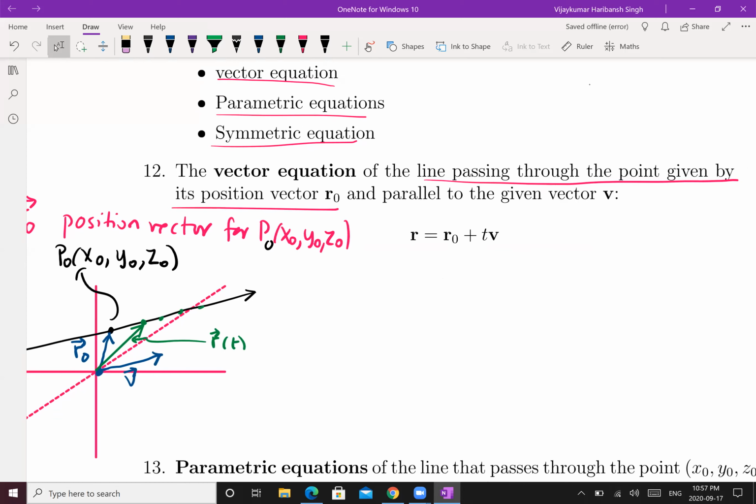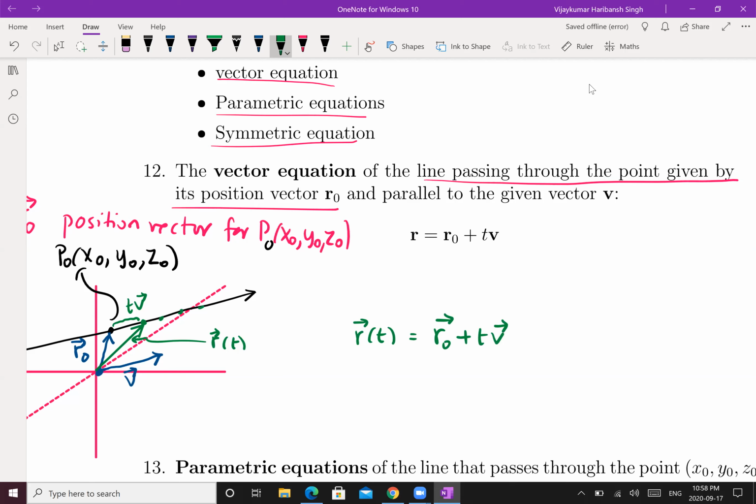So consider the following. This part here is going to be some t times v, because these two vectors are parallel. Now by the triangle law of vector addition, we have r of t equals r0 plus tv.